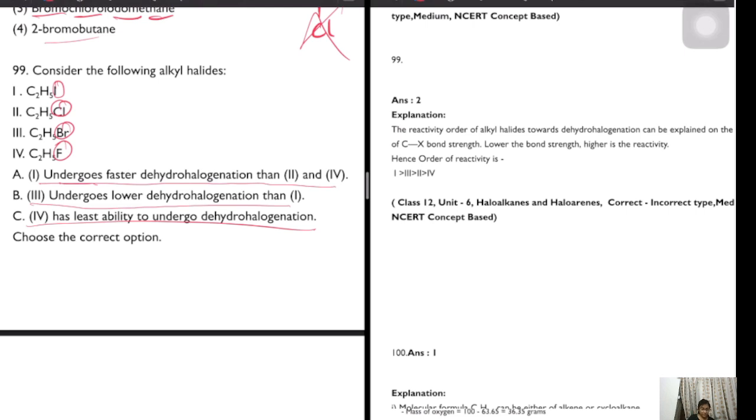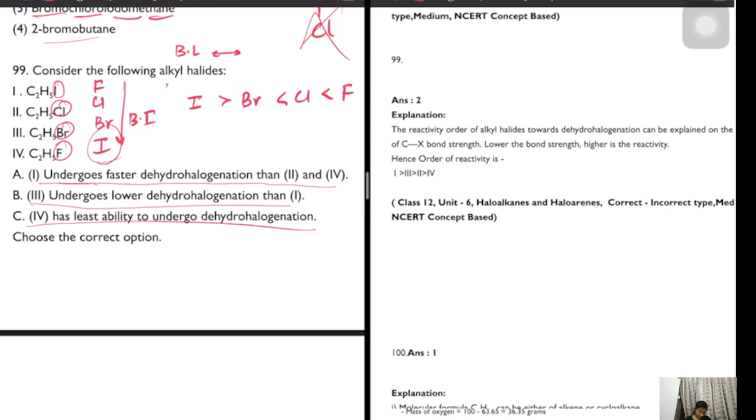See, in dehydrohalogenation, the bond is breaking. So bond length should be large. It will easily break, right? So in case of chlorine, bromine, and iodine, bond length increases in this order. So it would be a better leaving group. So I, Br, Cl, and F. The reactivity for dehydrohalogenation will be in this order.